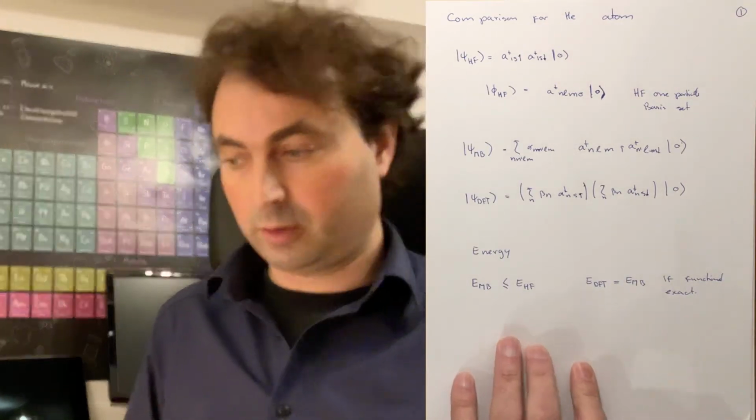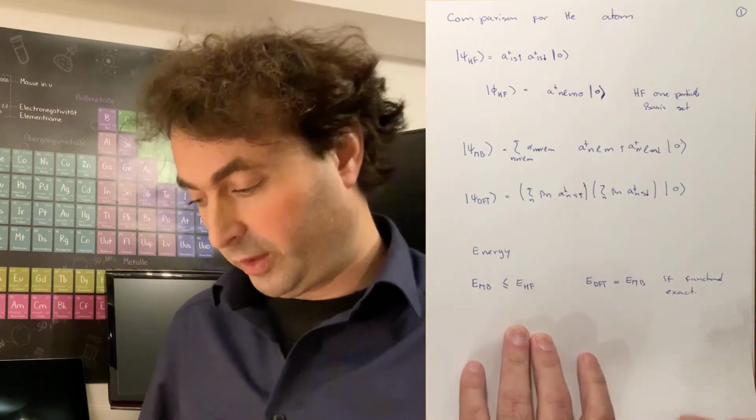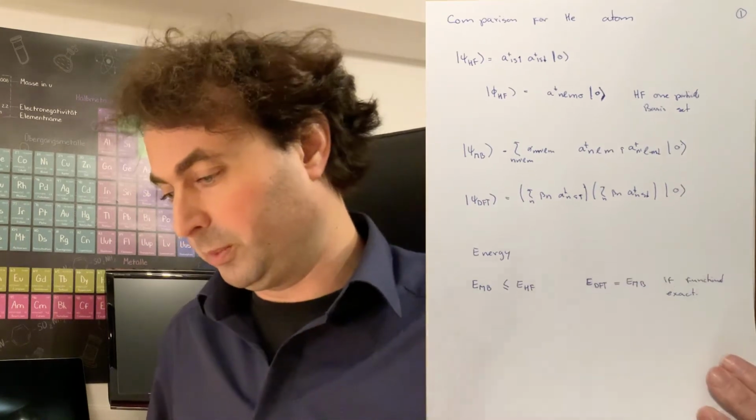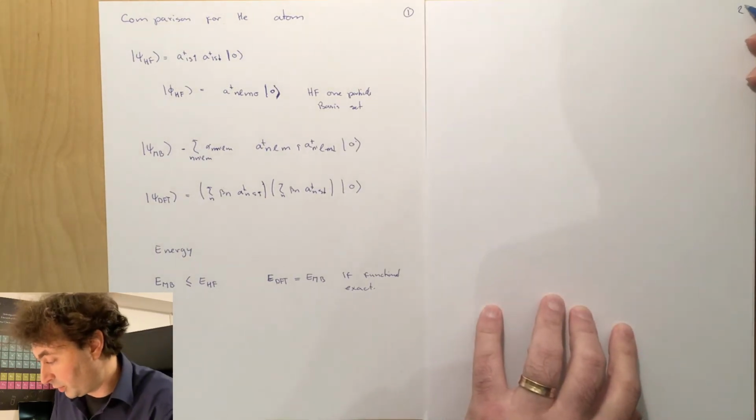Well, the exact functional is impractical, although for helium it would be nice. You can in principle go through an exact functional. It's all doable, just because the system is so small.